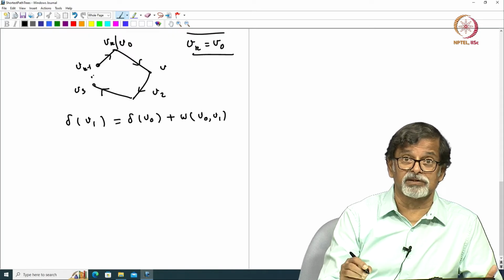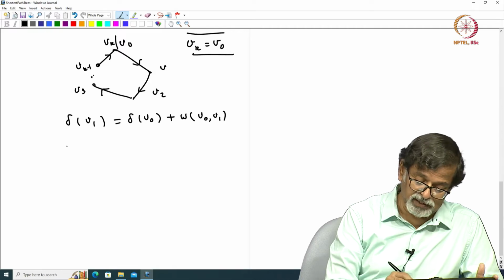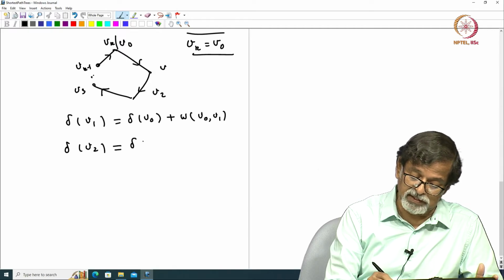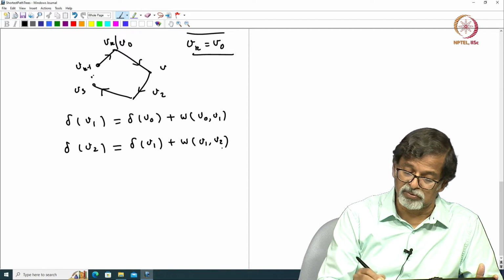This is a solution, therefore, we have this equality, and delta V2 is delta V1 plus weight of V1 V2.